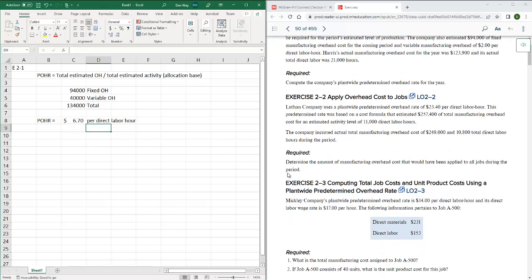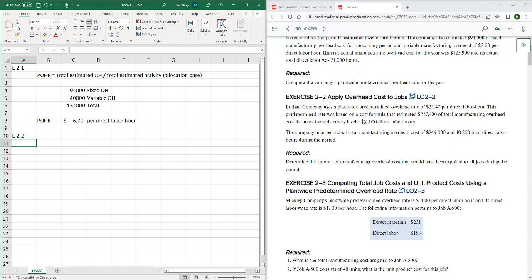Okay, let's move on to exercise 2-2 and give a quick practice here to applying overhead costs to jobs. So 2-2 said Luth & Company uses a plant-wide predetermined overhead rate of $23.40 per direct labor hour, similar to what we had calculated in 2-1 for a different company there.